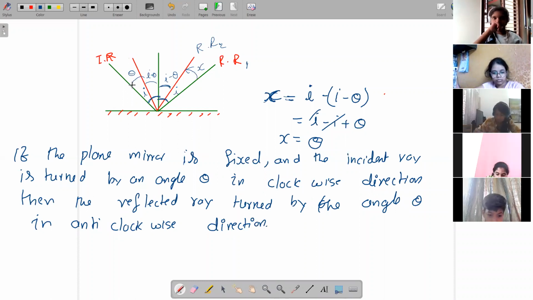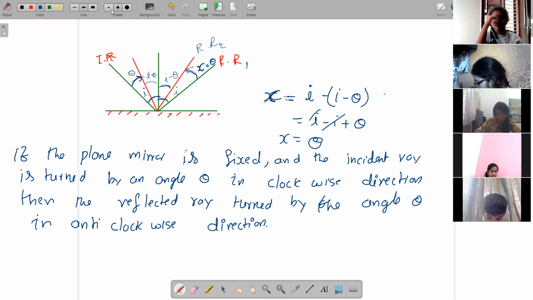So if you rotate the incident ray by an angle theta, the reflected ray also rotates by an angle theta only, but the direction is opposite. If you rotate in a clockwise direction, it will come in an anti-clockwise direction. That's it.